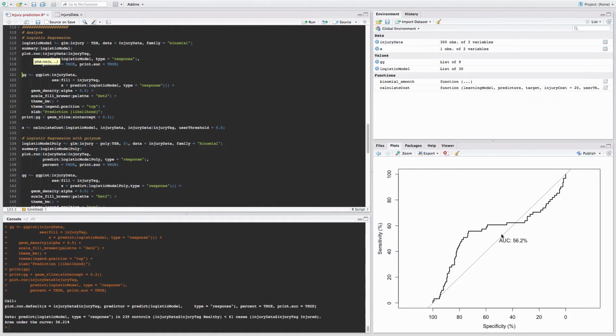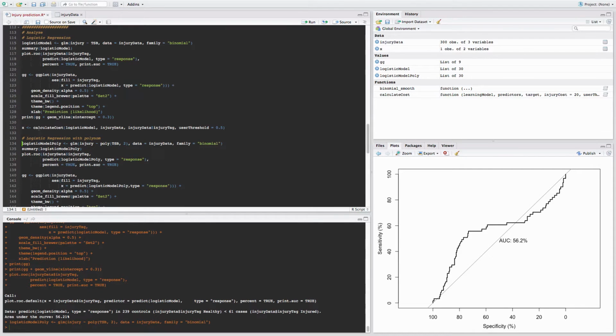Closer to 0.5 means it's useless. As we can see, the logistic regression is performing really poorly. So let's try a polynomial, so pretty much a J curve, and see how that's gonna perform with a receiver operator curve. So I'm gonna fit a logistic using a training stress balance and training stress balance squared.